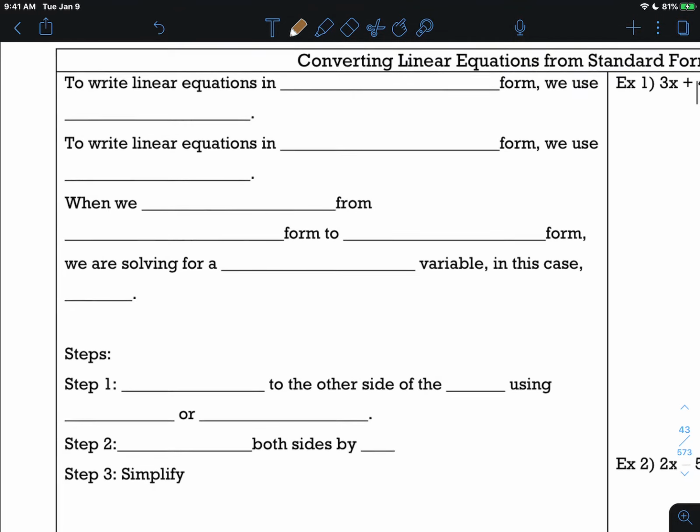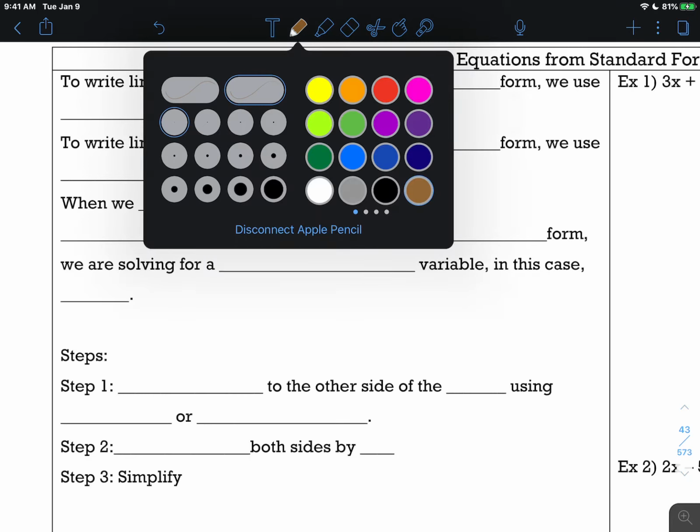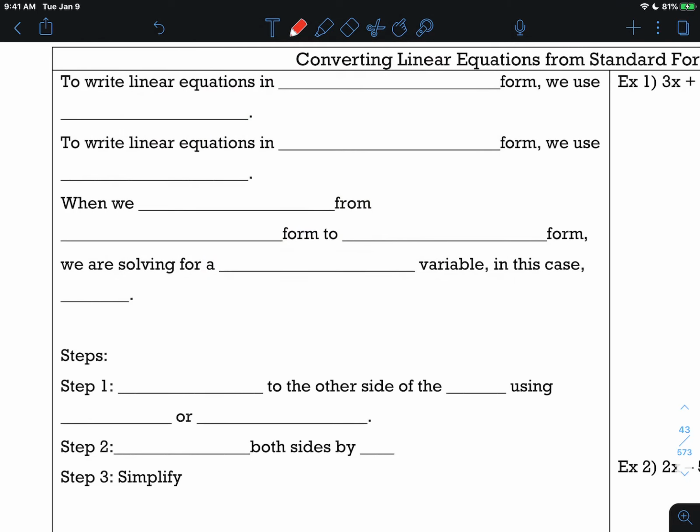All right, so converting linear equations from standard form, ax plus by equals c, to slope-intercept form, y equals mx plus b. So to write linear equations in slope-intercept form, we use the formula y equals mx plus b.